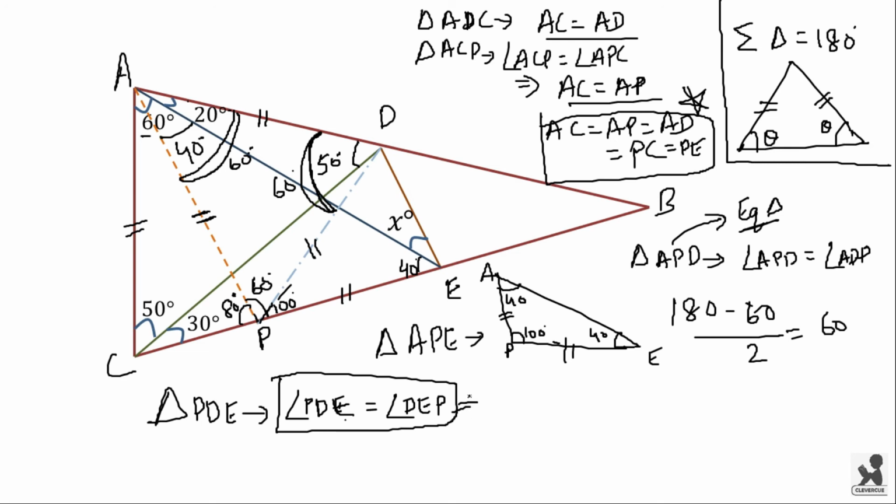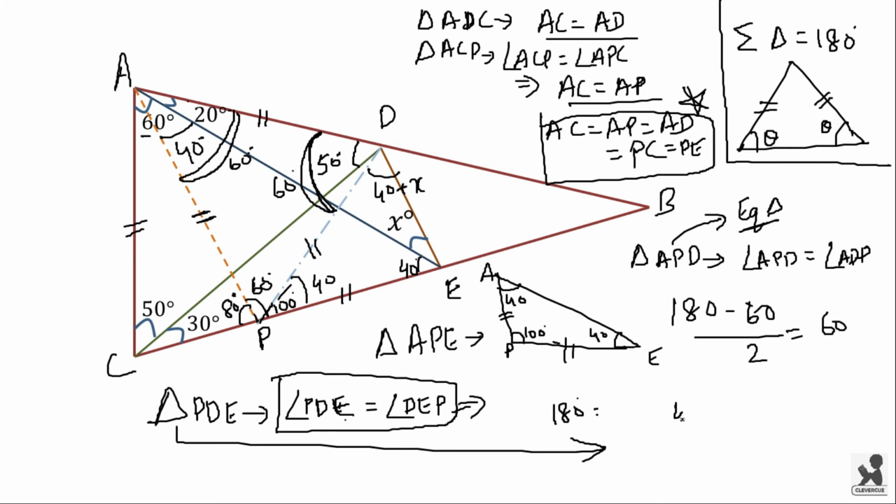And from here we can write that angle PDE is equal to 40 plus x degrees. So from triangle PDE we can write 180 degrees is equal to, here angle DPE will be 40 degrees because this will be 100 minus 60.